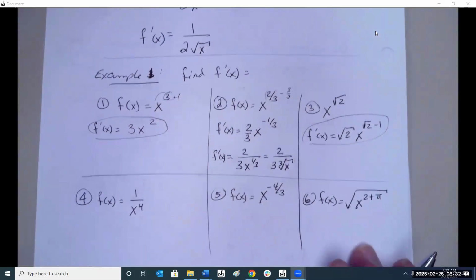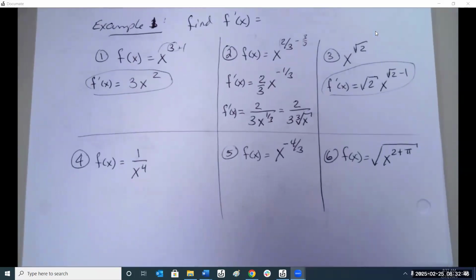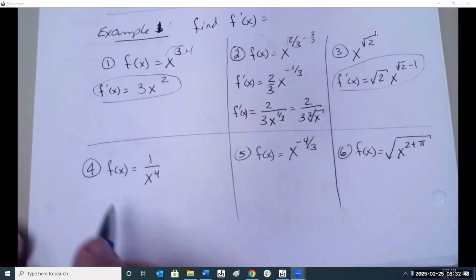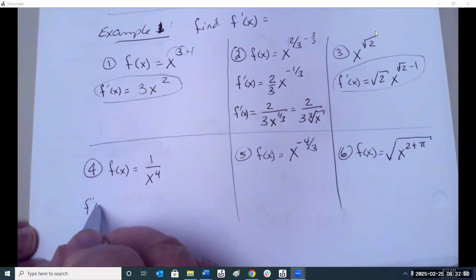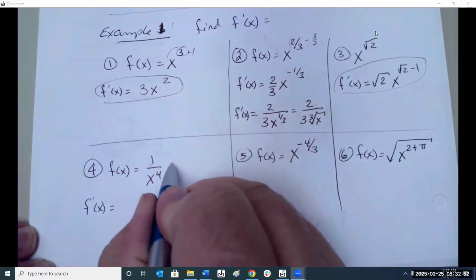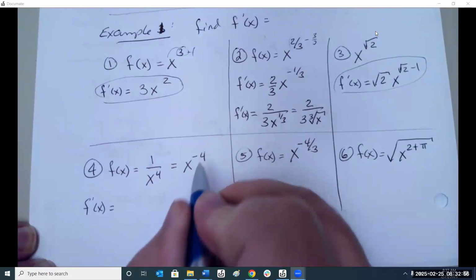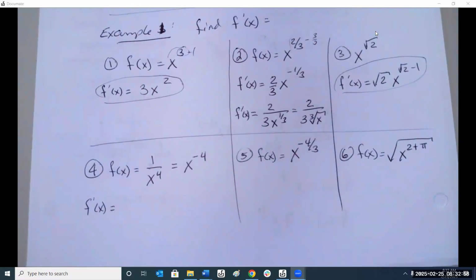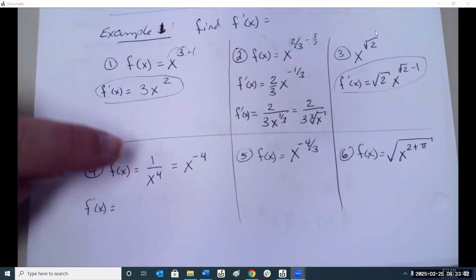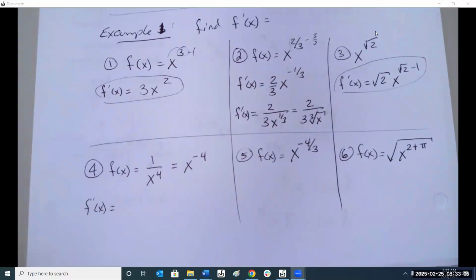The fourth one, the first derivative. The first thing we have to do is rewrite this so it's an exponential rule. In a little bit, we're going to discuss how to do this the way it's situated. But right now, all we know is the power rule.